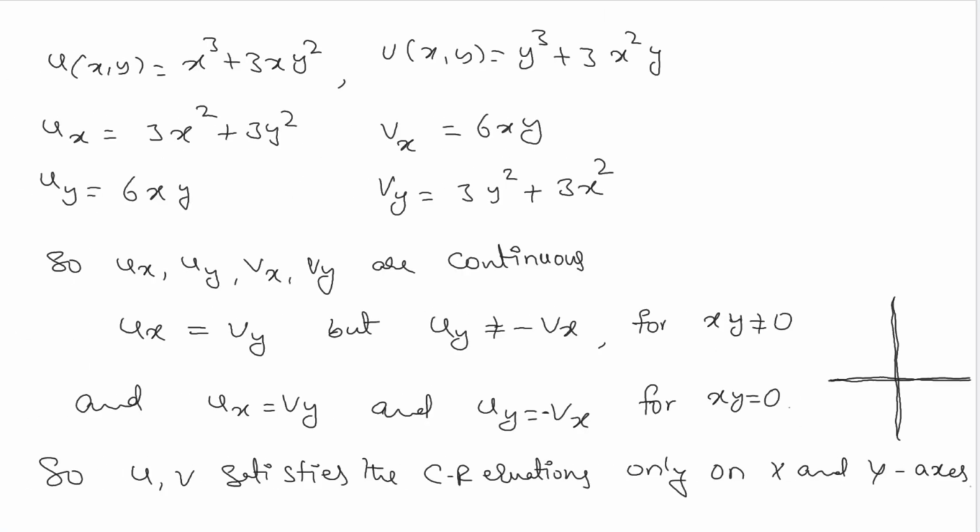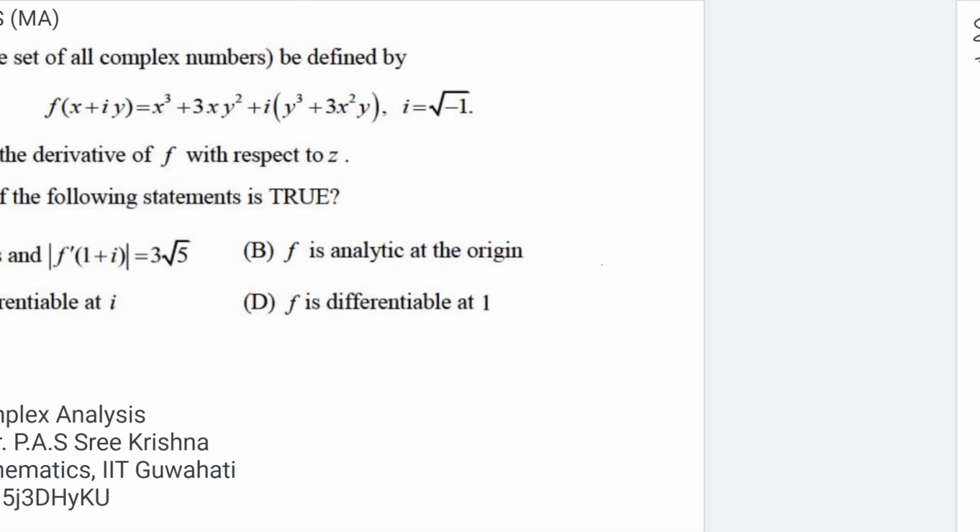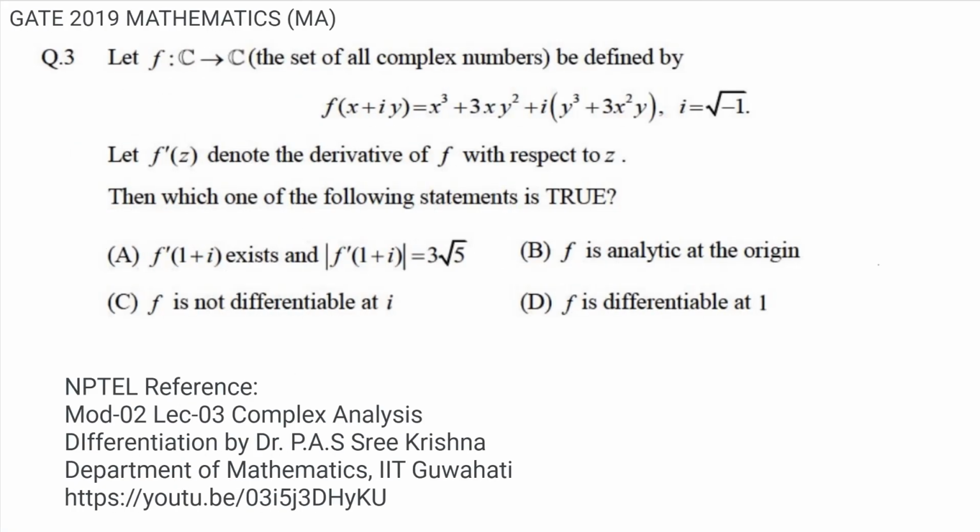So now from the given options, f dash of 1 plus i exists? Since the point 1 plus i does not lie on either the x-axis or the y-axis, f dash does not exist, and we don't need to talk about its absolute value.